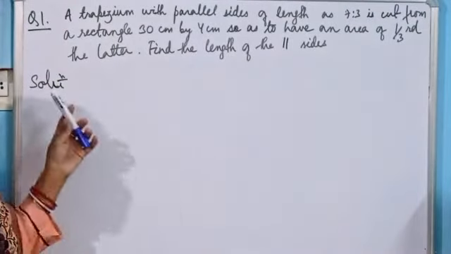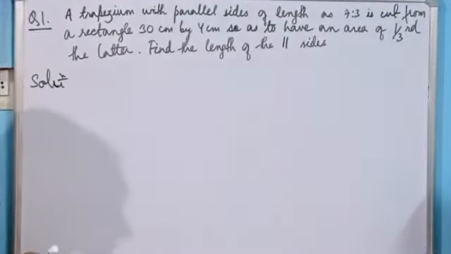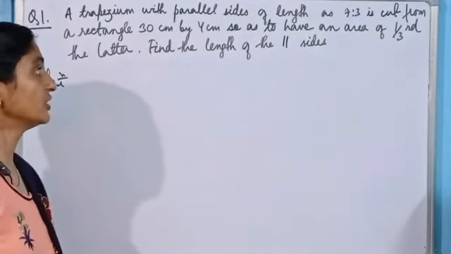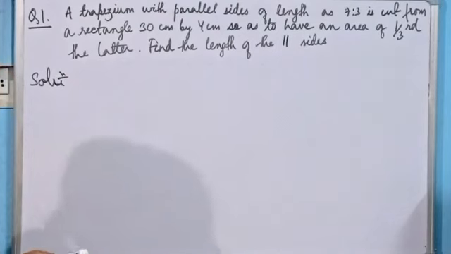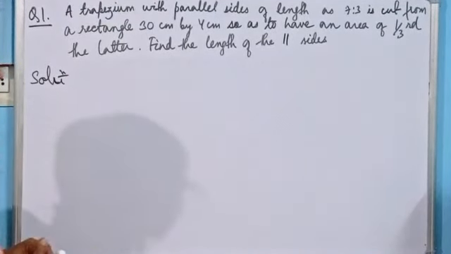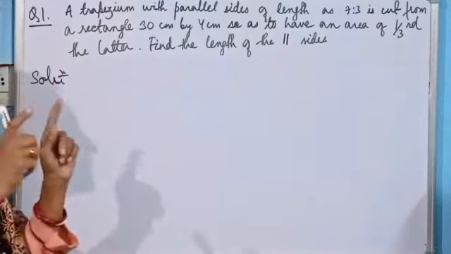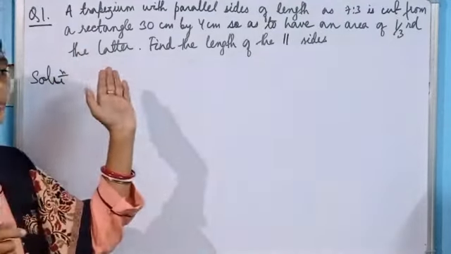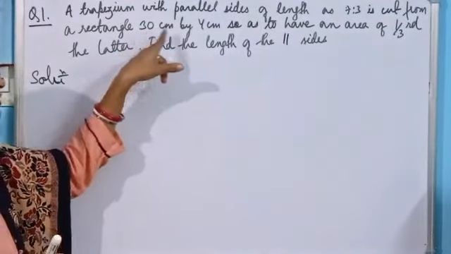You all might have gone through this question. What has been given? Again I am reading this one. A trapezium with parallel sides of length in the ratio 7:3 is cut from a rectangle 30 centimeter by 4 centimeter. So that means from a rectangle you are cutting out that shape, where the dimension of this rectangle has been given 30 centimeter by 4 centimeter.